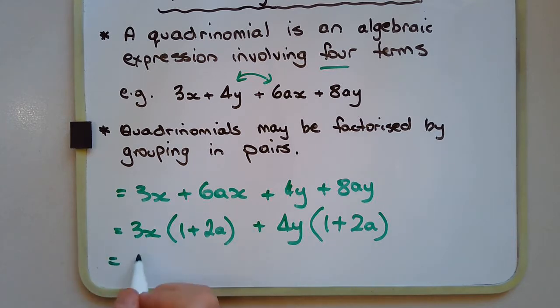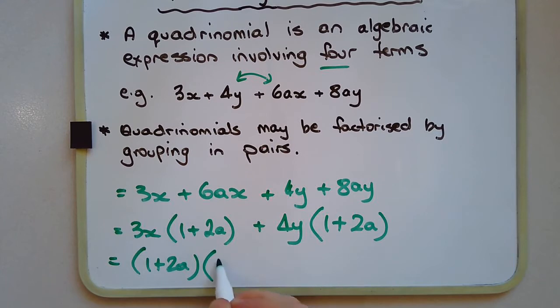Now, 1 plus 2a is the common factor, because it's the same binomial in both of these terms, and that leaves behind 3x plus 4y. So notice it's the same solution as what we had before, just the two binomials written back to front, as opposed to the first time around, where we had 3x plus 4y first, outside of 1 plus 2a. So it doesn't really matter which order you write them in.